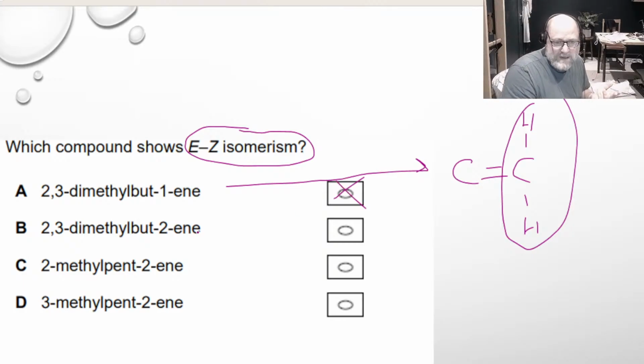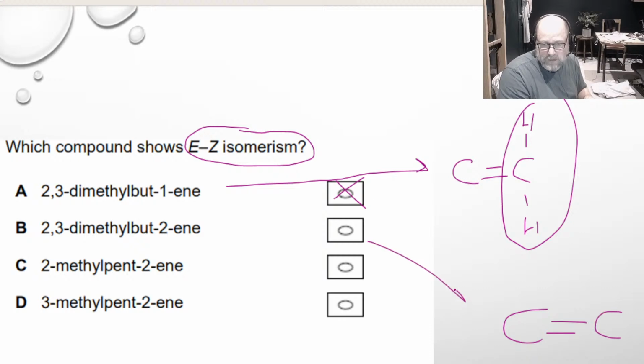And then you're basically going, okay, but-2-ene, I don't particularly like the look of that. If you draw the double bond and you say, right, here's my double bond for this one, and it's 2, so I know it's but-2-ene, so it kind of looks like that.